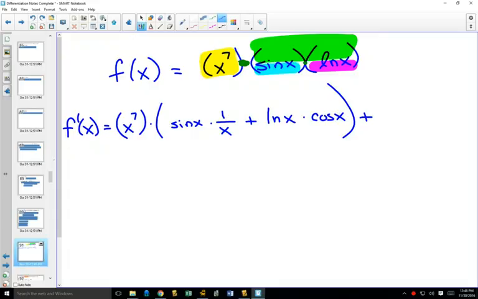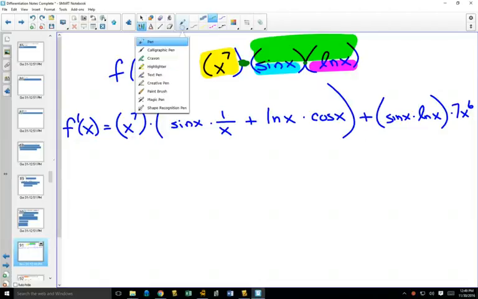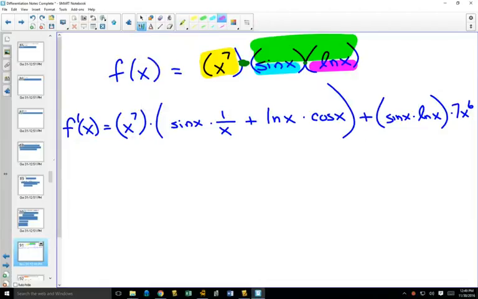Plus, I'm still working on my initial product rule. Now I would keep the second one the same, sine x times natural log of x, times the derivative of my first one. So when I color code this as my answer, can you see that we have kept our first one the same, right?